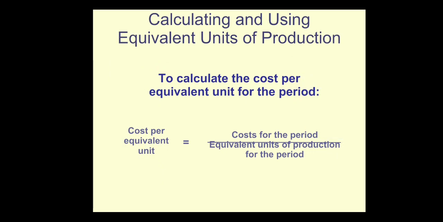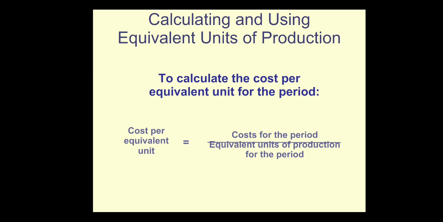Now remember, the purpose of process costing is to calculate cost per unit. So the next thing that you have to know is how to calculate the cost per equivalent unit for the period using equivalent units of production.